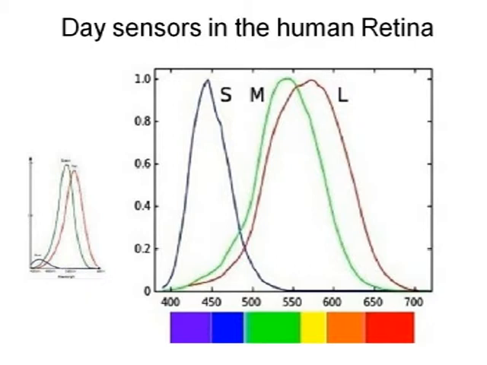The small graph at the left shows the absolute spectral sensitivity, and it is seen that the sensitivity of the blue sensor is much smaller than those of the green and red ones.